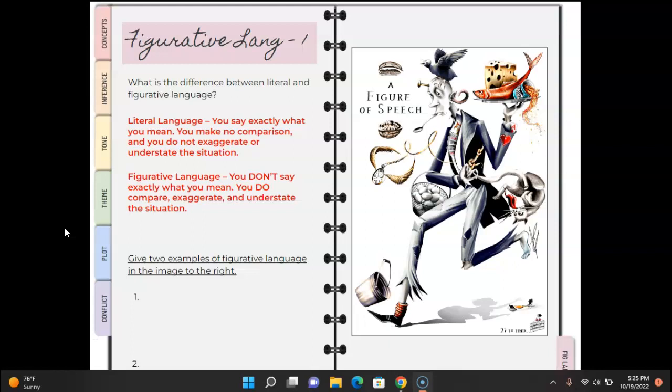Okay, over here on the right, we have this guy who is a figure of speech, and I'm curious if you can recognize 2 forms of figurative language in this image, okay? Some of them you may have heard just a few times, but see if you can recognize 1 or 2. I'll give you one here, right? He has a silver spoon in his mouth.